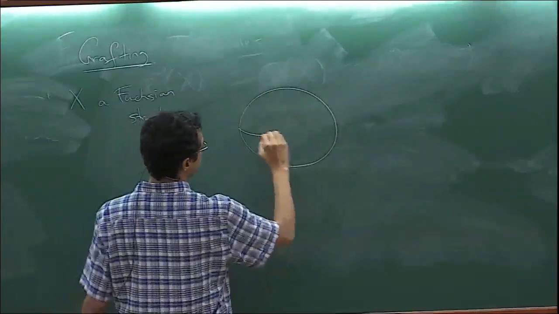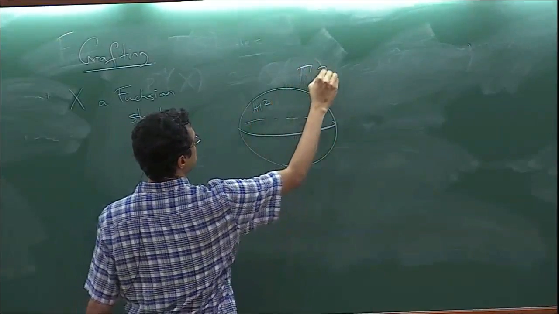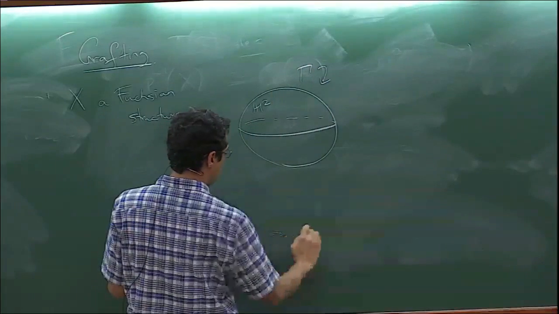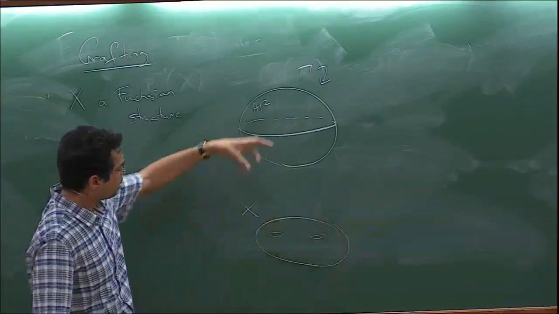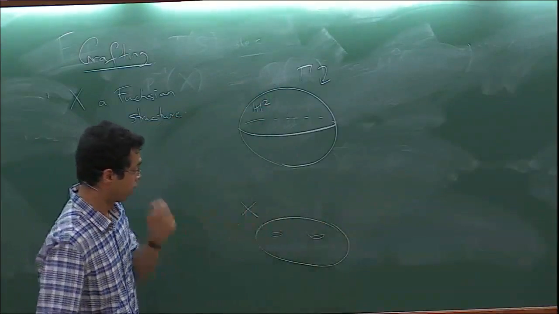Here the developing image is this upper hemisphere, H2. There's a subgroup of PSL2R that acts here, and its quotient is this hyperbolic surface. It carries the Poincaré metric, so you also have this hyperbolic metric here.